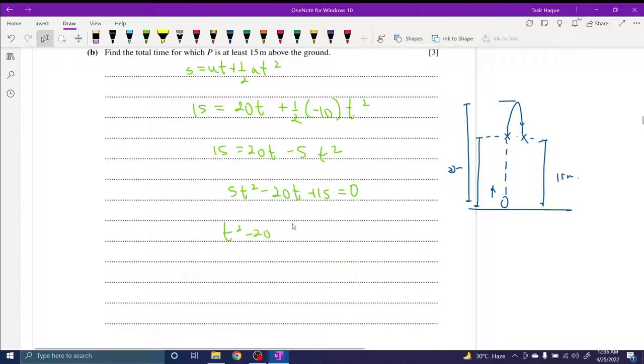So t squared minus 4t plus 3 is equal to 0. Solve this. What are you getting? t is equal to 3 or 1, right? So we are crossing the first time at 1 second and the second time at 3 seconds. So how long are we above 15 meters? Total time is equal to 3 minus 1, which is 2 seconds. Okay, that is our answer.